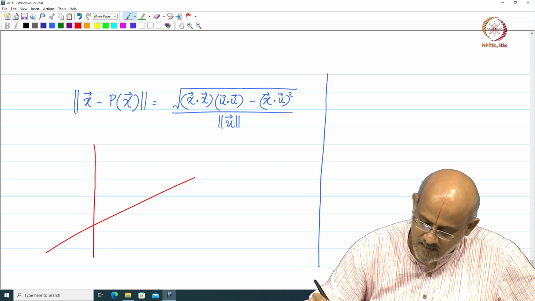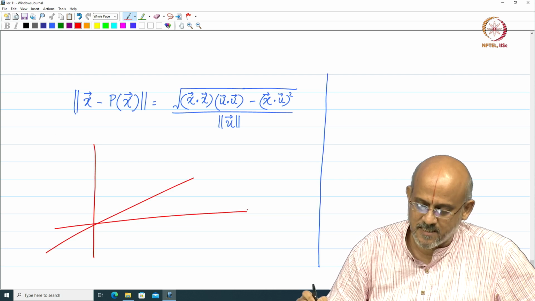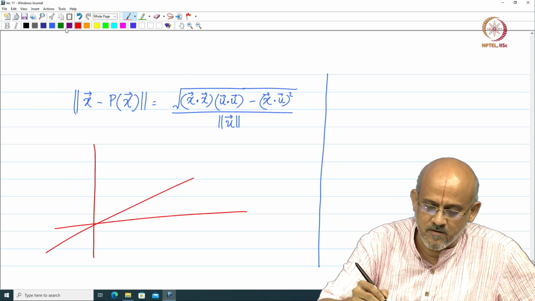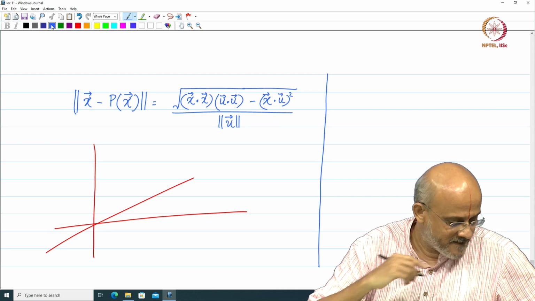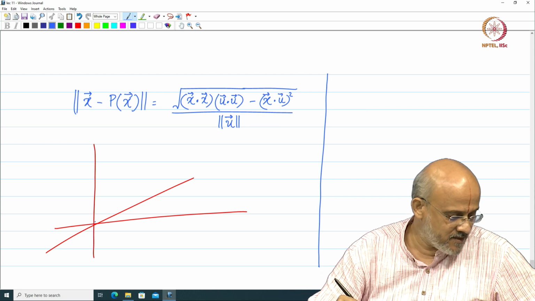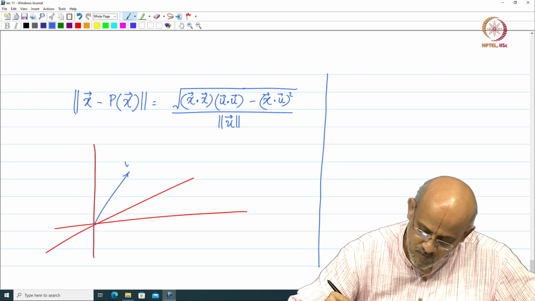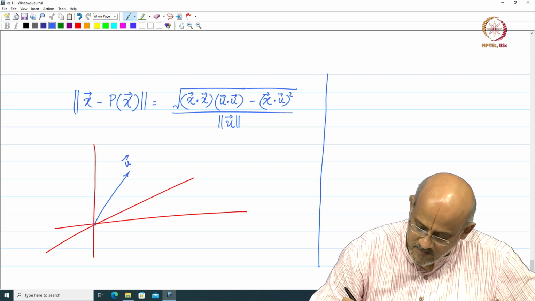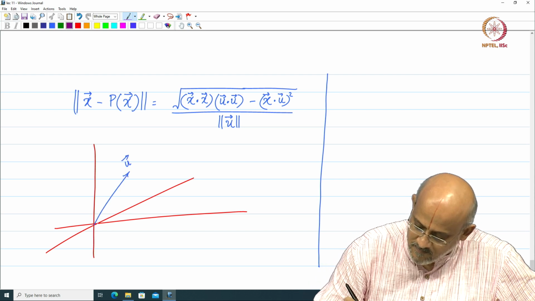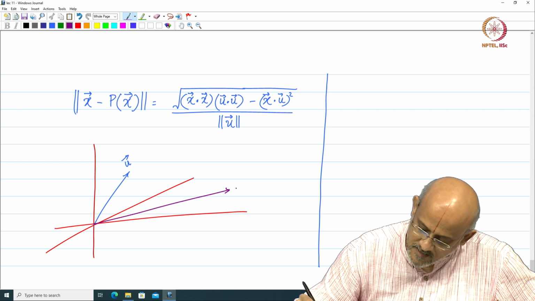Let us say I have my axes done. Now I am going to take two vectors, namely the vector u and the vector v. So, let us take this to be my vector u, and let me take this as the vector v.